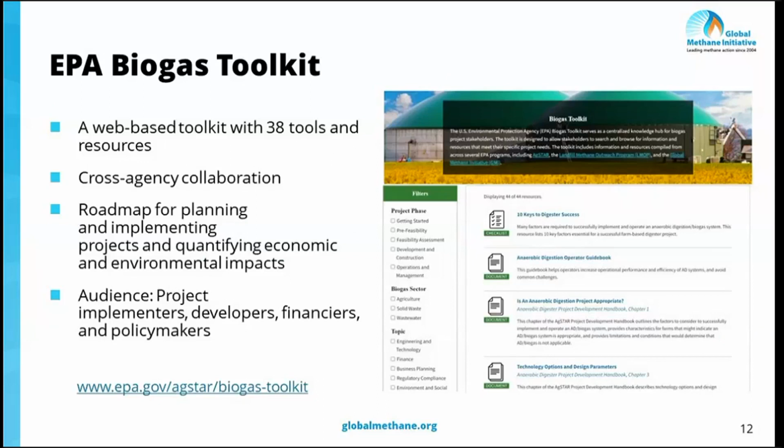The toolkit includes many resources which are helpful for municipal solid waste decision makers interested in methane abatement, and the tool helps to educate all stakeholders on appropriate steps in project development. It really aims to improve project success, reduce real and perceived risks of projects, and lower the cost of projects overall. Next slide, please.